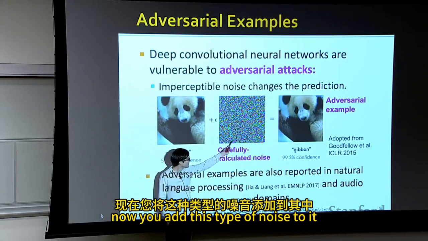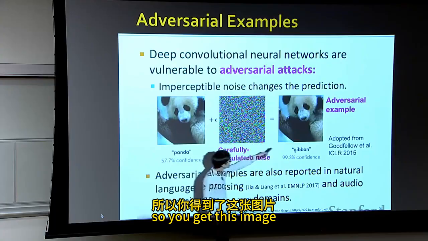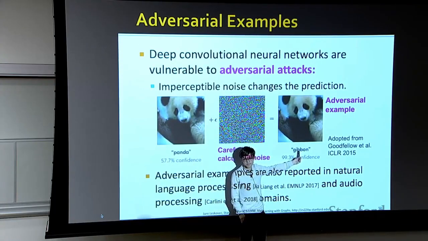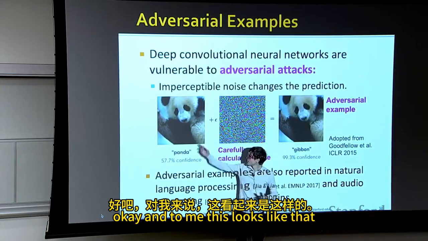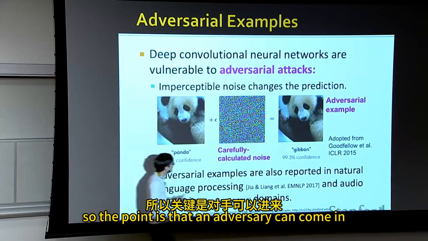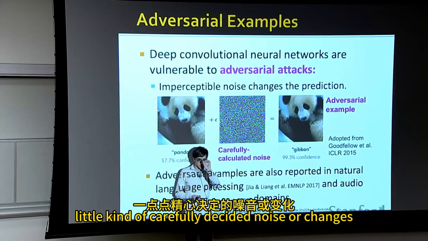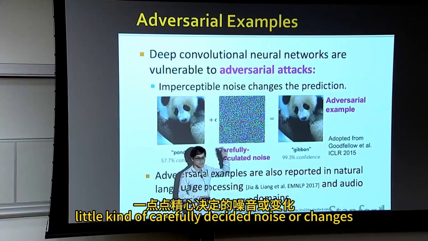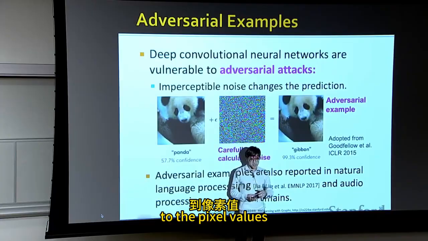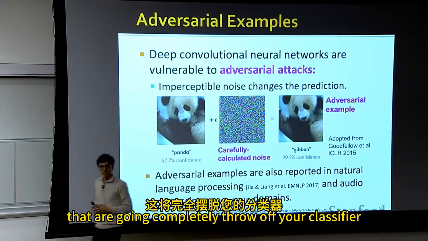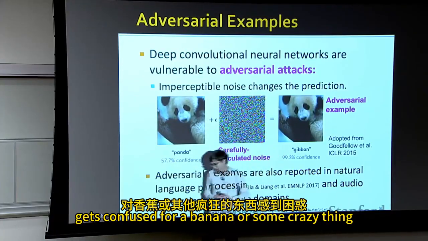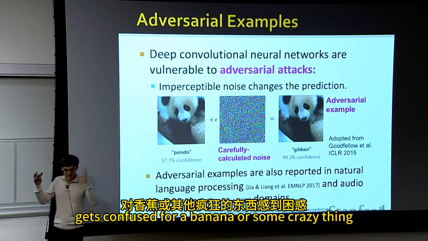Now you add this type of noise to it, so you get this image, and here it will say it's a gibbon. Okay, and to me, this looks like that. So the point is that an adversary can come in, add just a little, carefully decided noise or changes to the pixel values that are going to completely throw off your classifier, and what looks like a panda gets confused for a banana or some crazy thing.